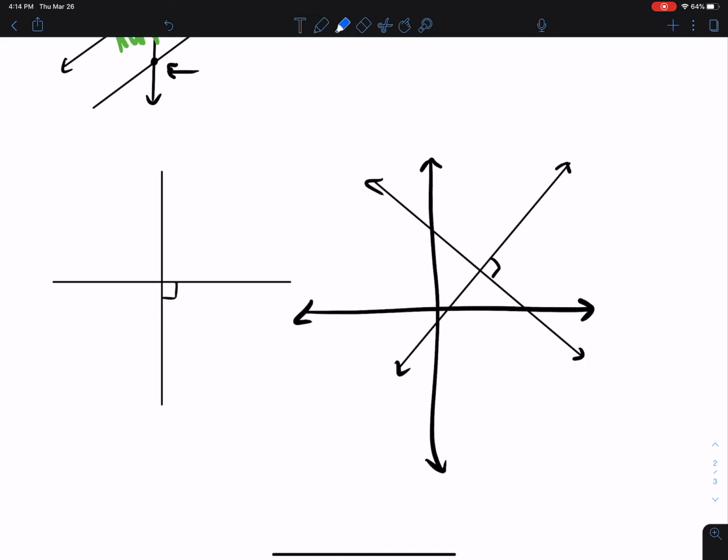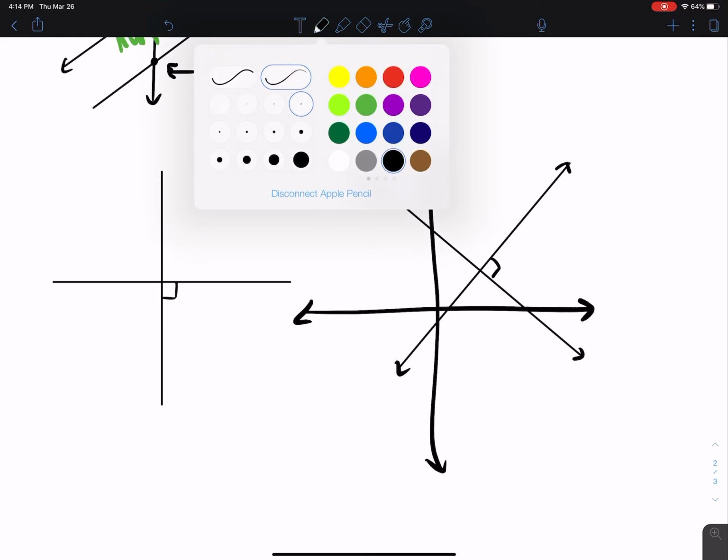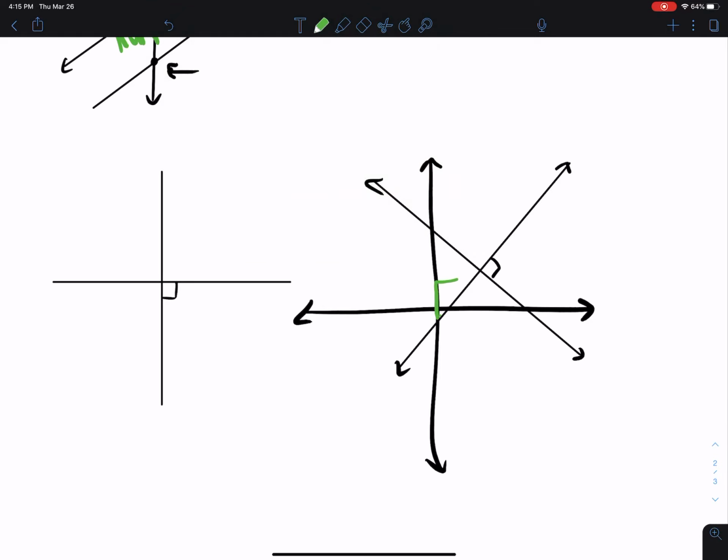Let's say that this slope is up 2 over 1.